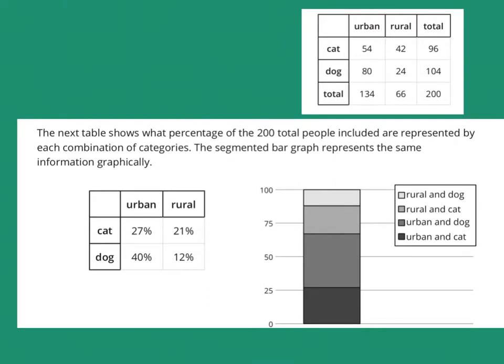These are the actual values, versus now we're going to look at percents. These are all percents. So what does the 27% pertain to? What does the 40% pertain to?